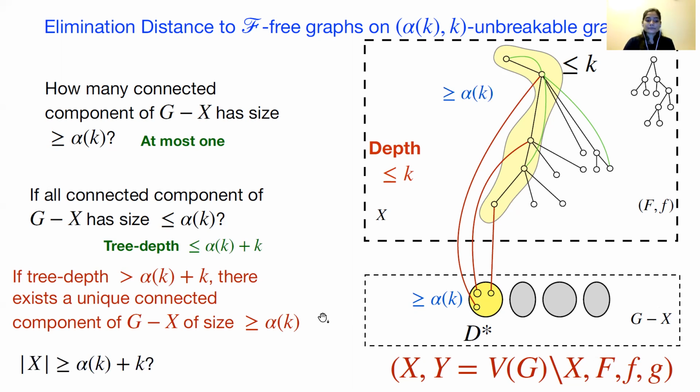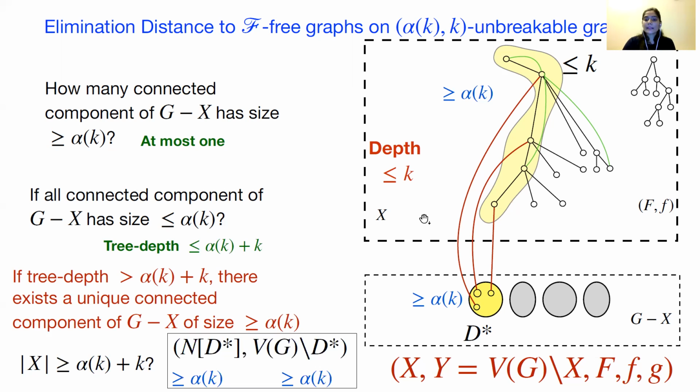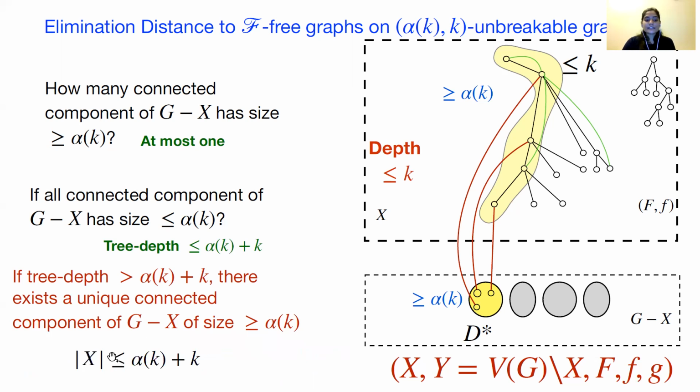Now consider the case where the modulator size is large, that is, greater than alpha k plus k. Again, it cannot happen by the same arguments, as we would violate the unbreakability. So we can say that X is bounded by alpha k plus k.